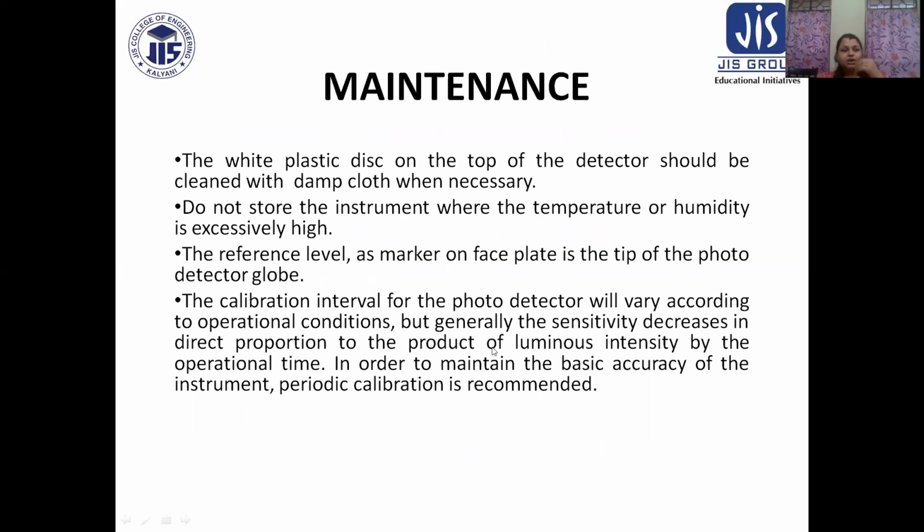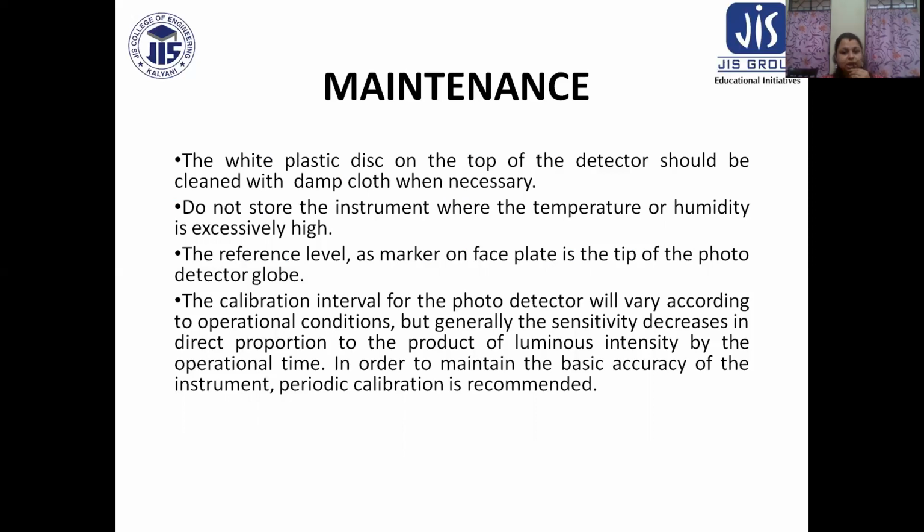Next, I am going to the maintenance of the lux meter. The lux meter is an instrument by which we can measure the lux level of any surface. But a digital lux meter is very important to handle, and its maintenance is also very important. The white plastic disc on top of the detector should be cleaned with a damp cloth when necessary. Do not store the instrument where the temperature or humidity is excessively high.